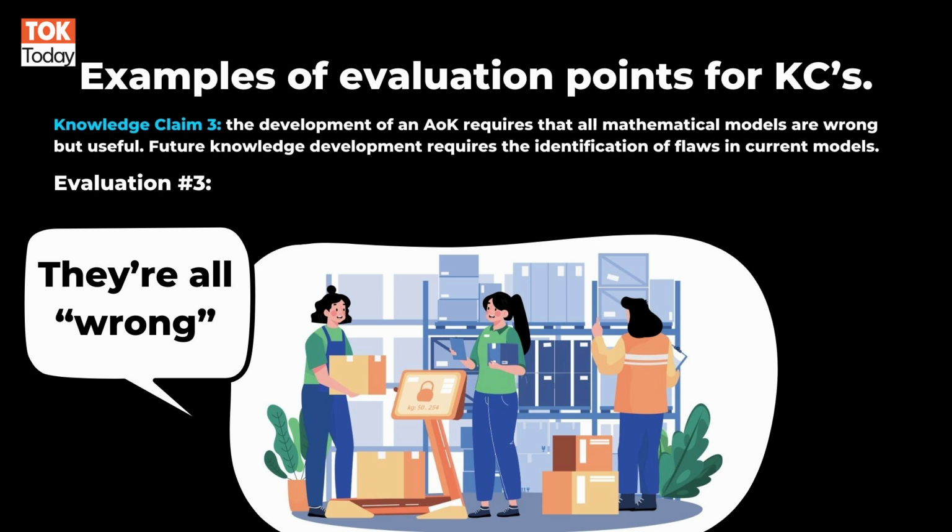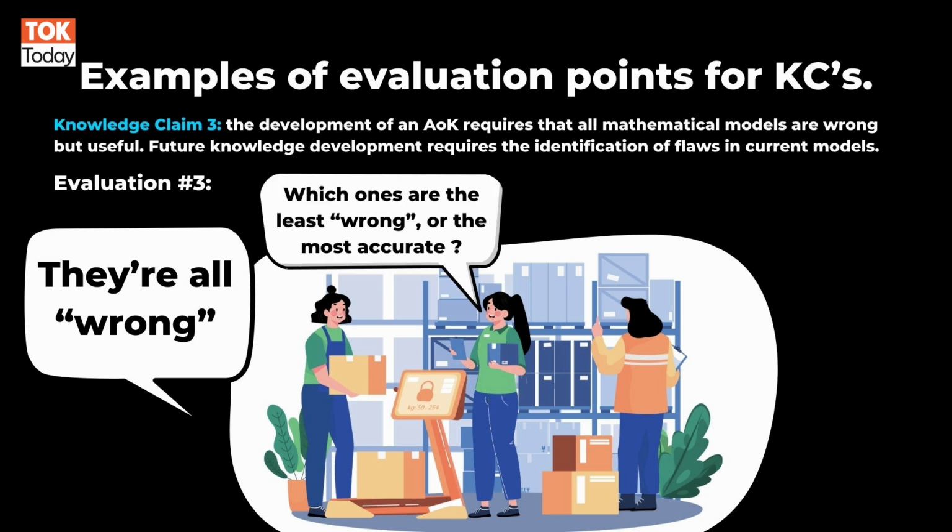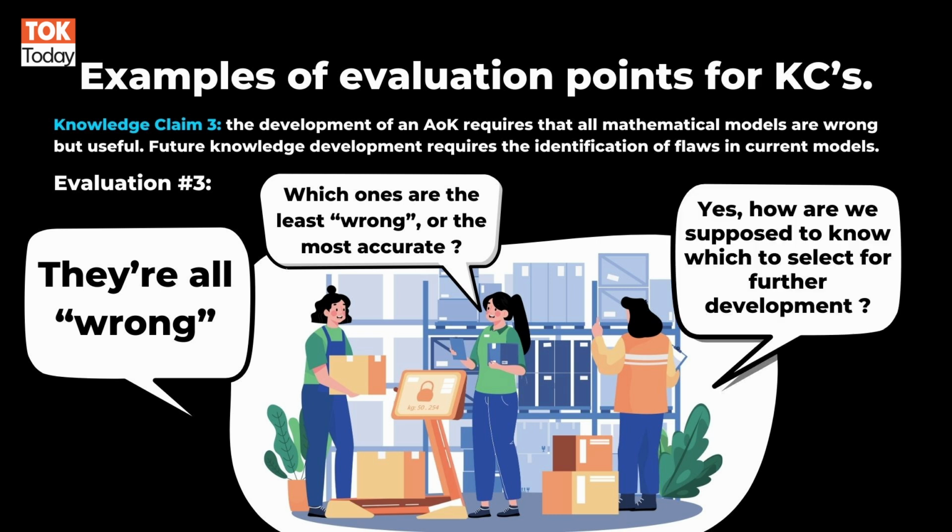If we're going to apply wrong so widely, it becomes very difficult to identify when a model is correct or accurate, or however you're defining the opposite of wrong. Let's call it accurate for the moment. Without the identification of accurate knowledge, how do we know which knowledge to develop in future models? We are stuck with useful knowledge only, and this gives us a very utilitarian approach to mathematics, and, for that matter, any other AoK.